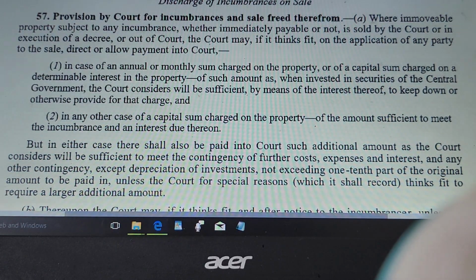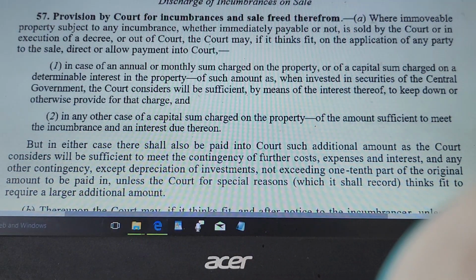In case of an annual or monthly sum charge on the property, or of a capital sum charge on a determinable interest in the property, of such amount as, when invested in securities of the central government, the court considers will be sufficient by means of the interest thereof to keep down or otherwise provide for that charge.